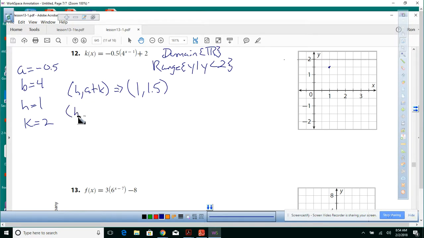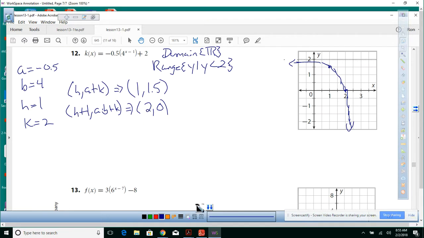And then we have H plus 1, A times B plus K. So we have 1 plus 1 is 2, and -0.5 times 4 would give you -2, plus 2 is 0. So 2, 0. And then it goes something like that right there.